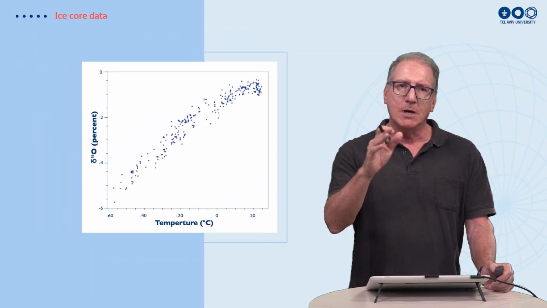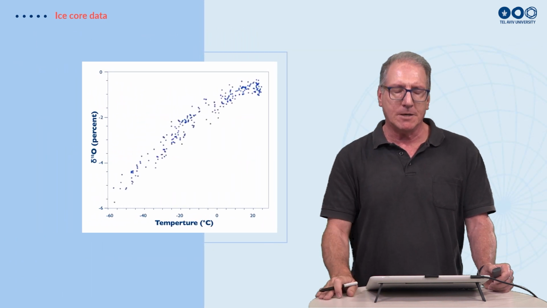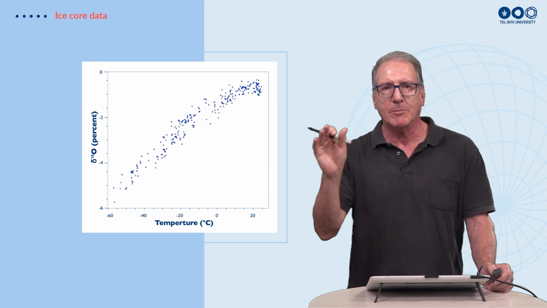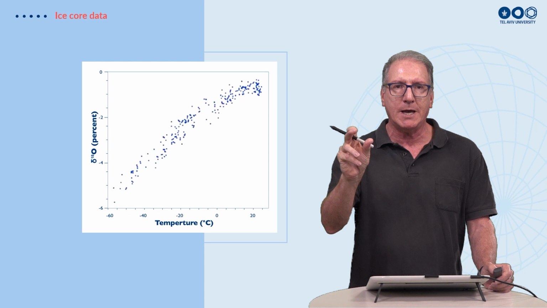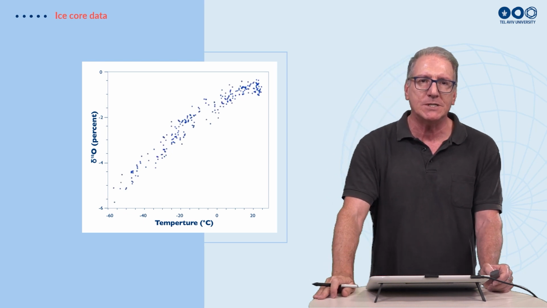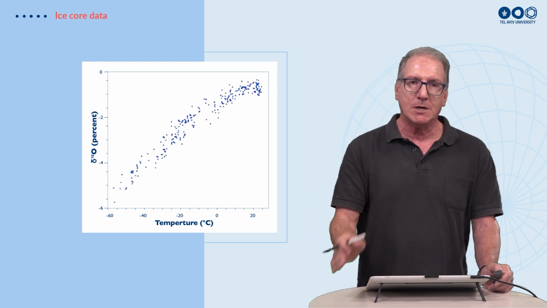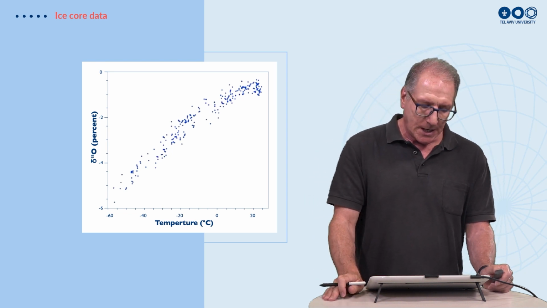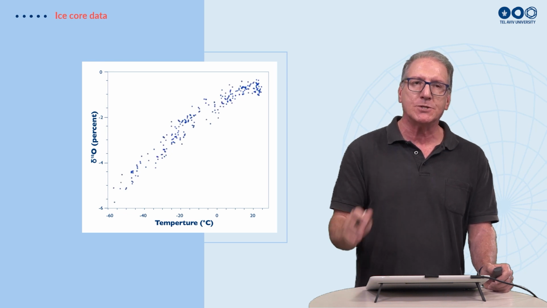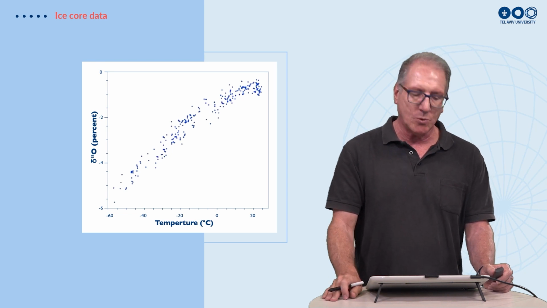And we can also look today and make a graph here where every point is a sample taken, say, from the snow today, or the ice in Greenland and Antarctica, and we can actually see the link between the temperature at the time of the sample and the actual amount, or the depletion, of this oxygen-18 in the snow or in the ice.